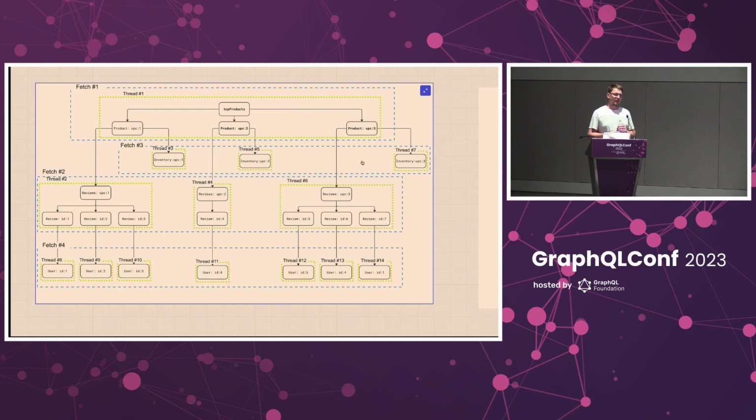Because in data loader, if you walk into the first product and you want to load the UPC, you want to load the inventory data, and then you want to actually batch all the inventory fetches together. What you need to be able to do is you need to be able to walk into the first product and the second product and the third product.